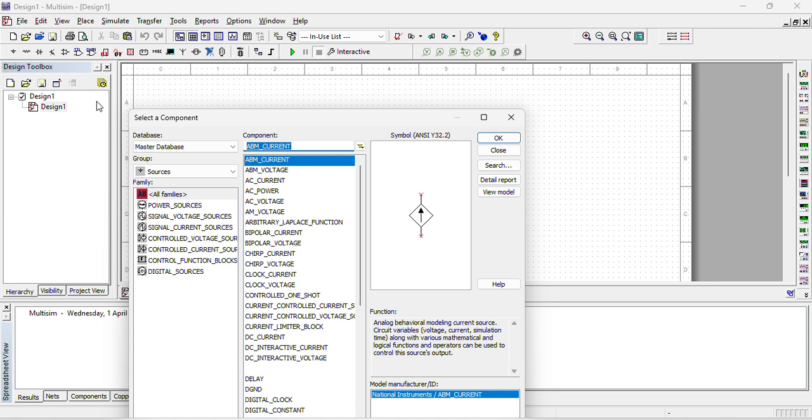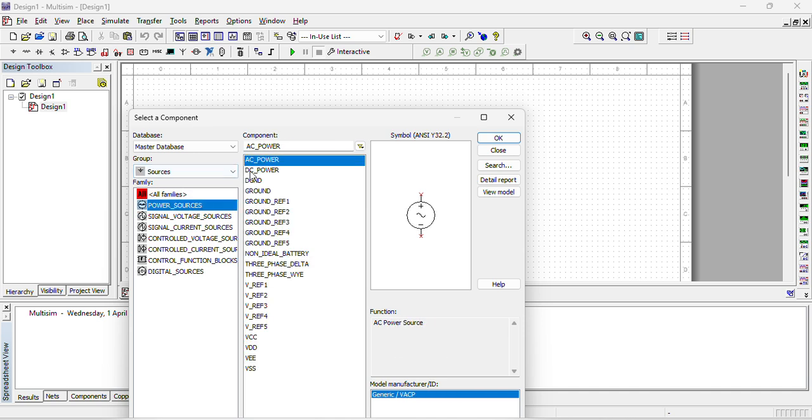So we need a variable voltage source, because it's very difficult to continuously change the value of voltage by entering it.